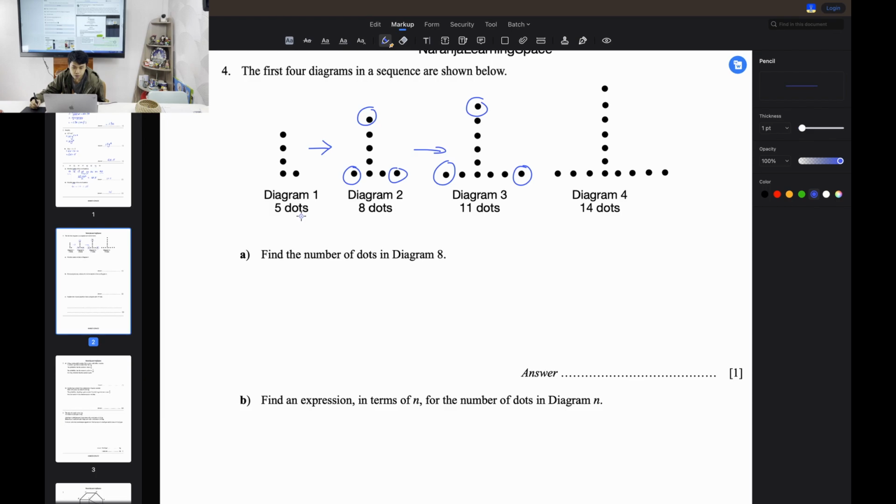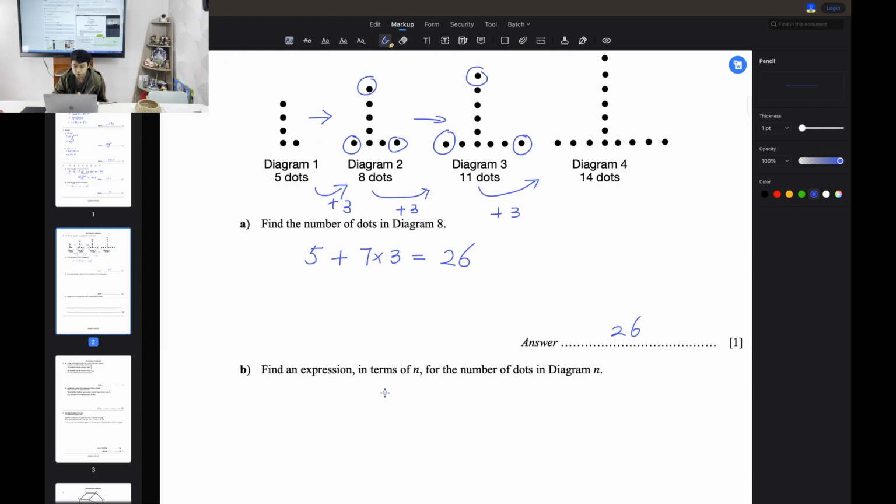So the base one is 5, then plus 3 each time. It's 5 plus 7 times 3, so we have 26 dots. Everything is plus 3. So you have 26.